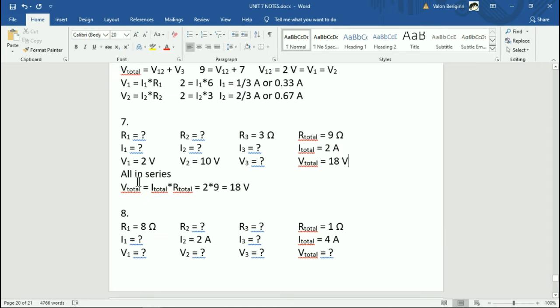Okay, so now they're all in series. What are the series rules? The series rule is that the currents are equal. They're all equal to the total. So I1 equals I2 equals I3, which equals I total, which equals 2. So all of these are 2. Let me go in order.